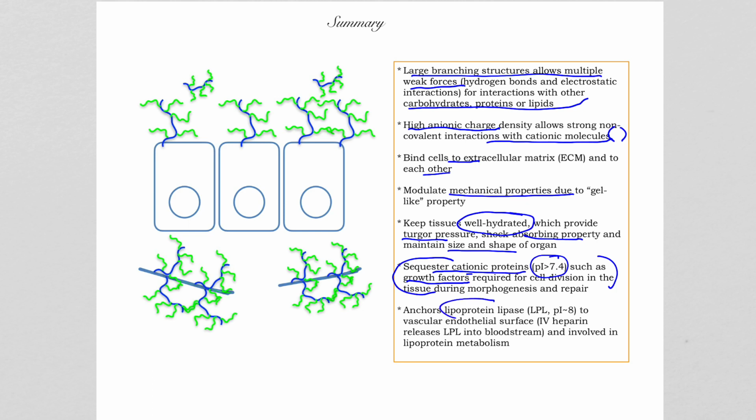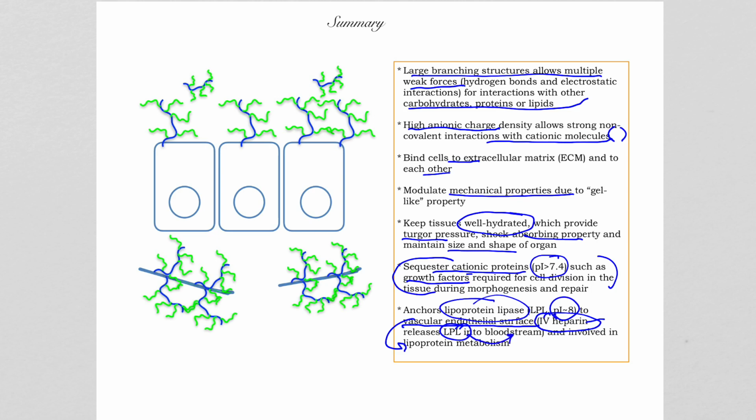And in lipoprotein metabolism, we'll come across this enzyme called lipoprotein lipase, LPL, which has a high PI, PI 8. That lipase basically sticks to the endothelial surface and plays a very important role in the metabolism of lipoproteins. So it's not surprising that when the clinician administers intravenous heparin, which is negatively charged, that negatively charged heparin can actually release this lipoprotein lipase into the bloodstream.